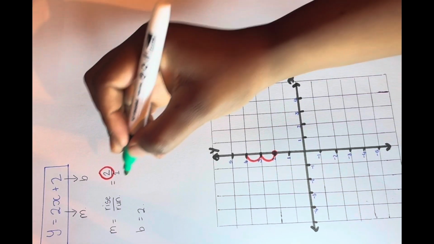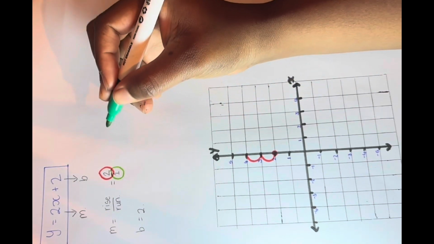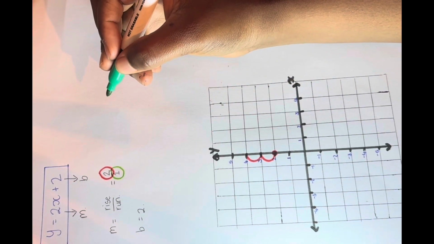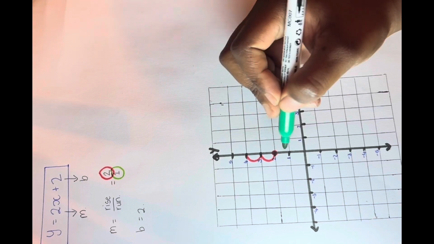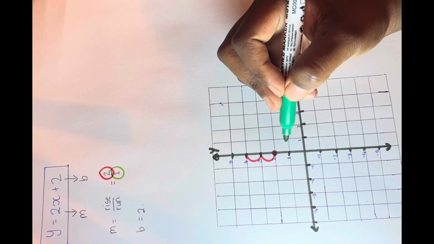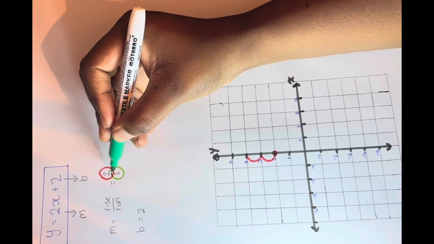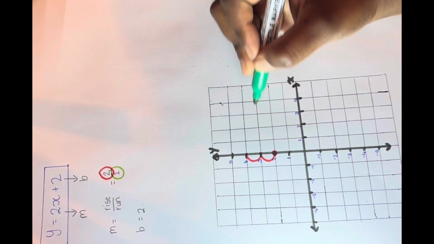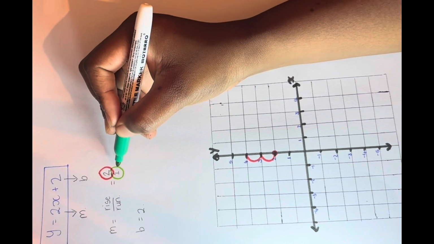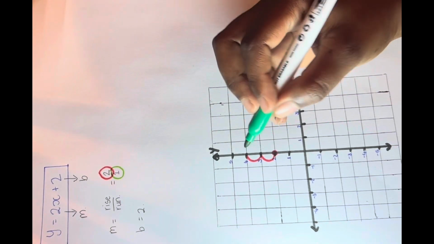And our run, we said, is how far left or right you can go from your y-axis. Remember, the m is positive, which means we're moving to the right. How many times can we move to the right? Once.